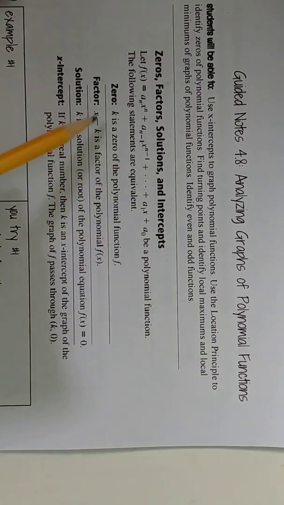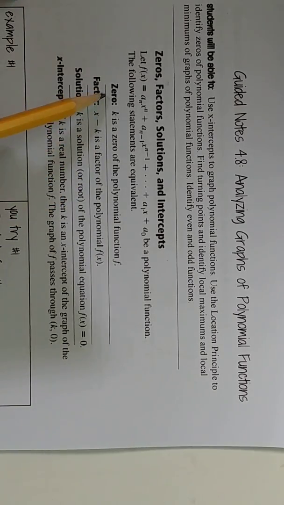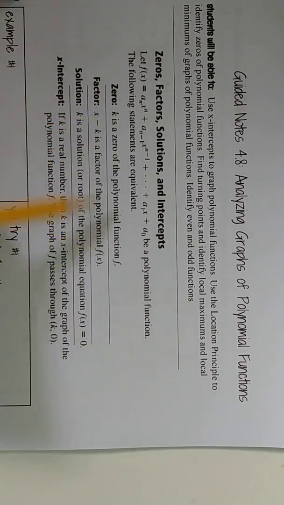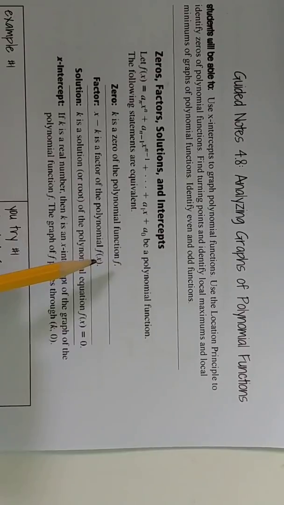So this, I think, does a nice job saying, okay, a zero is this, a factor is this, a solution is this, an x-intercept is this, okay? So I would definitely highlight this or somehow earmark this little section here because I do think it's really relevant.